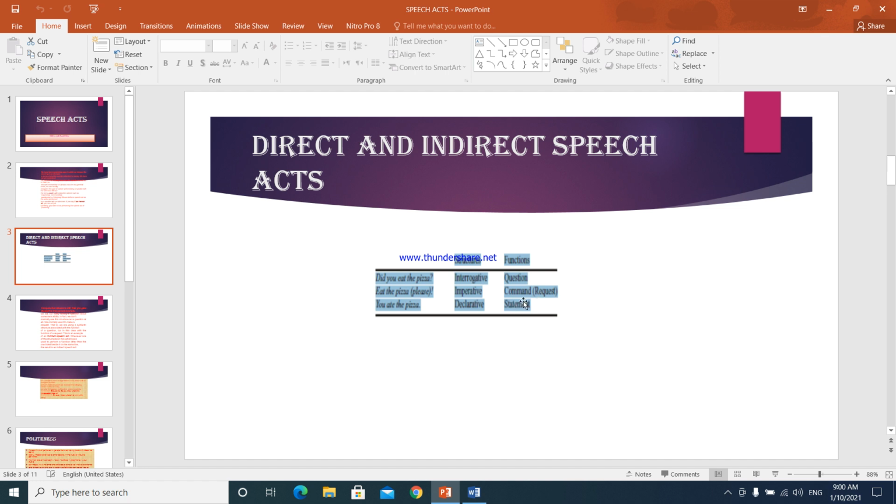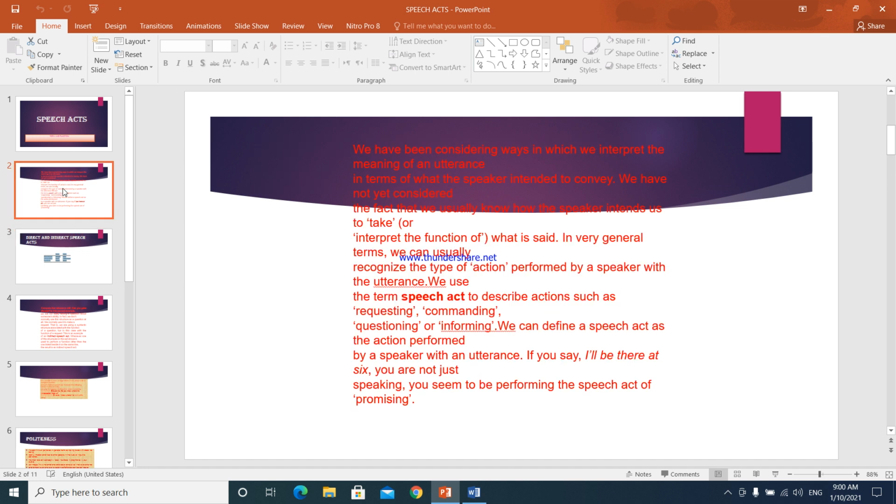The function is a statement, while the structure is a declarative sentence. Then in structure, we have 3 main structures. The sentence is either interrogative, imperative, or declarative. But the functions are so many. The functions, and by the way, this list is not exclusive. That is to say, we can add other functions to these speech acts.